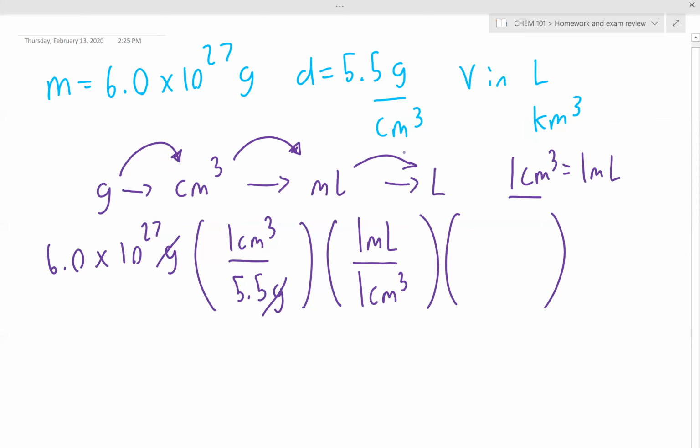If I'm going from milliliters to liters, what goes on top? Liter. So I have liters over milliliters. I put my number with the prefix unit. 1 always goes with your prefix unit, and then your power of 10 goes with the base unit. For 1 milliliter, what does the milli prefix correspond to? Yep, 10 to the negative third.